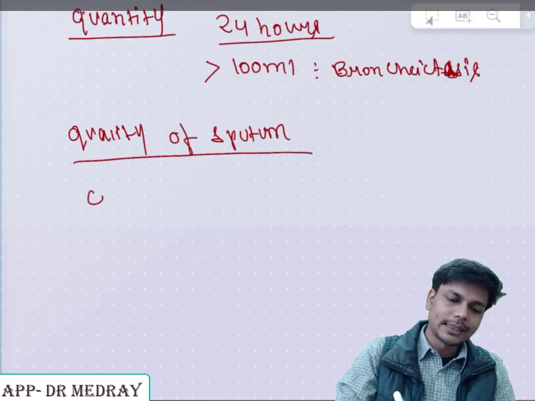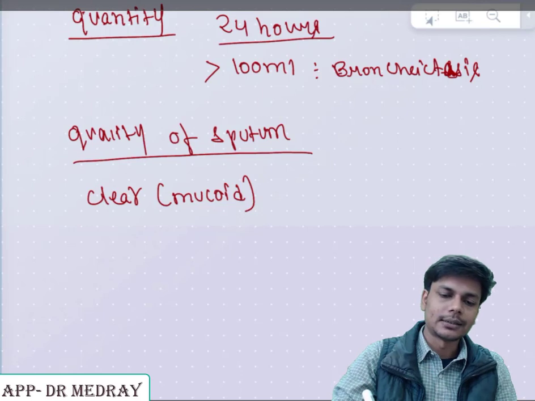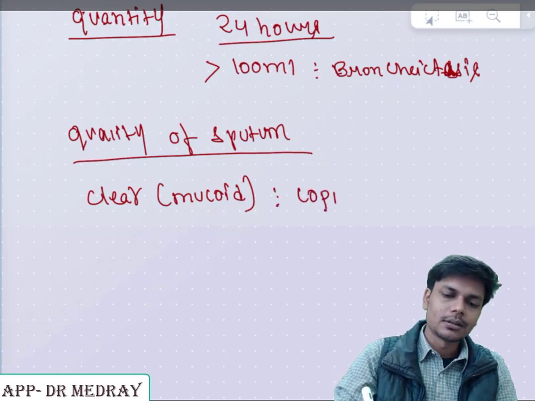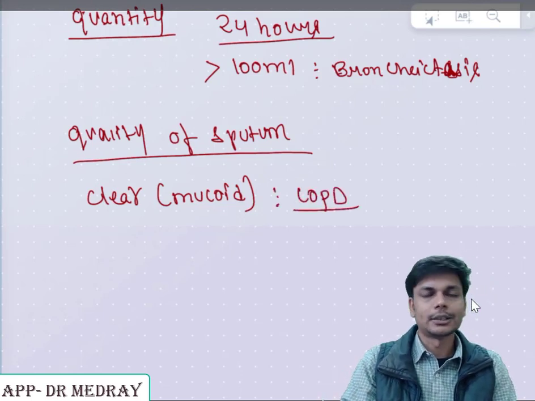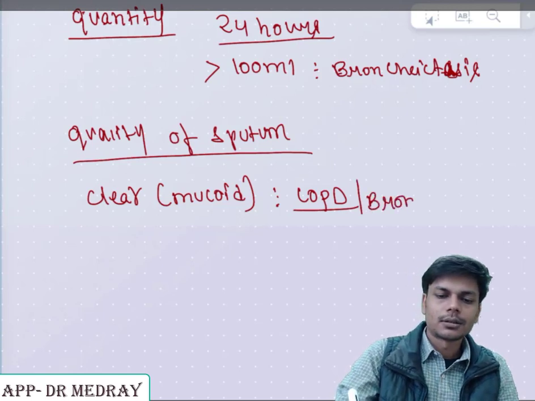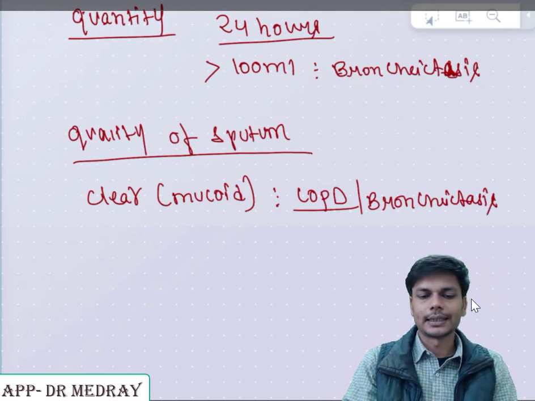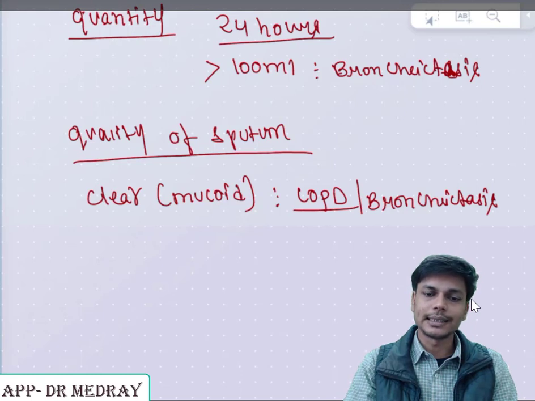If the sputum is clear, also known as mucoid, it usually occurs in COPD or bronchiectasis.